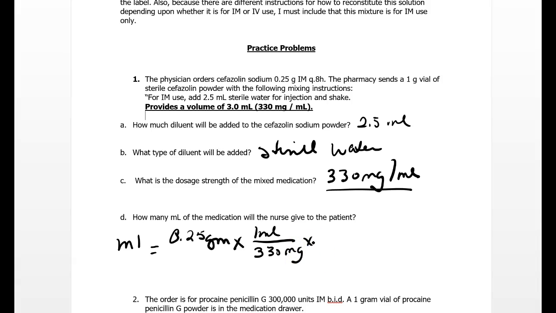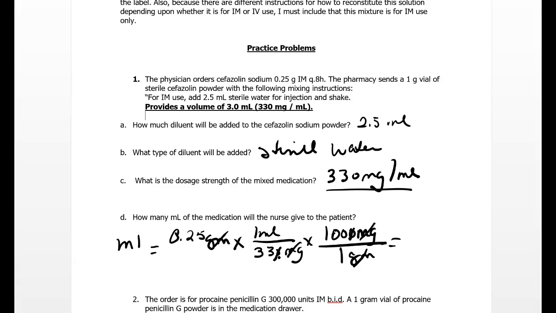So now we need to add our conversion factor in here. 1,000 milligrams is 1 gram, right? So we can get rid of our grams, get rid of our milligrams, and milliliters is the only thing that is left. So can we reduce anything down here? Well, yeah, we can get rid of this 1 0 here in the 330.